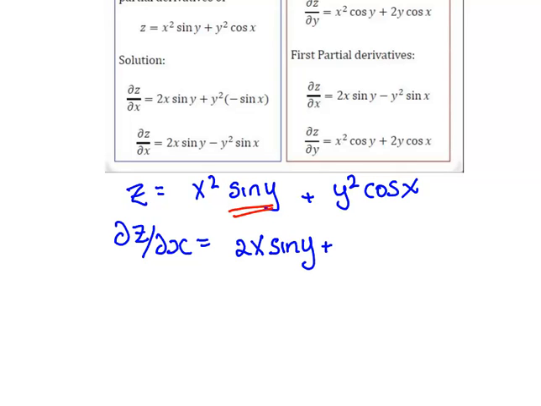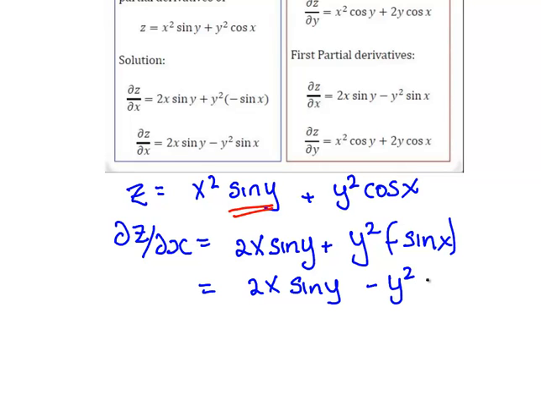Now, the next term, y squared, is a constant, so it just stays as y squared. Now, the derivative of cos x is minus sine x. That's from the tables. So rewrite the whole thing: 2x sine y minus y squared sine x. Do I have that?